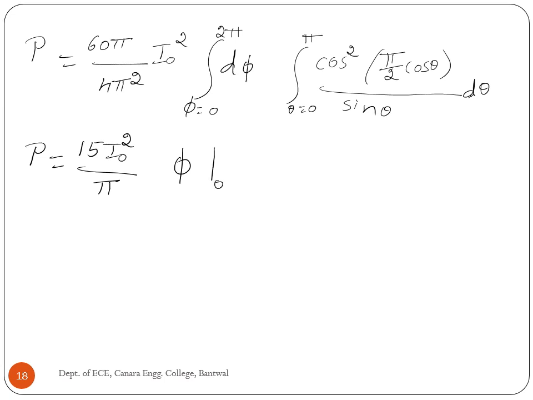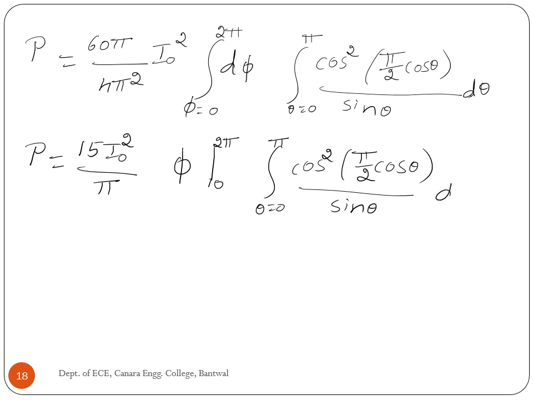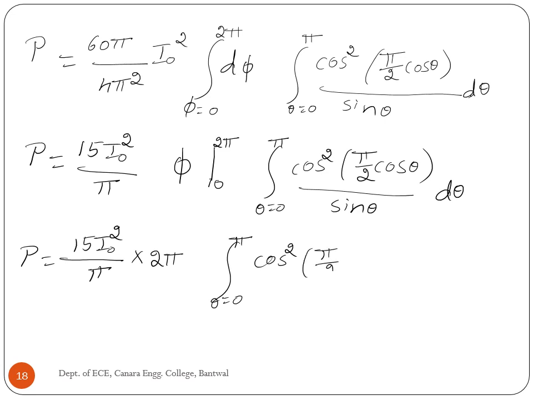Integration of d phi is equal to phi, limit 0 to 2 pi, into the integral theta equal to 0 to pi of cos square of pi by 2 cos theta divided by sin theta d theta, which is equal to 15 I naught square divided by pi into 2 pi.